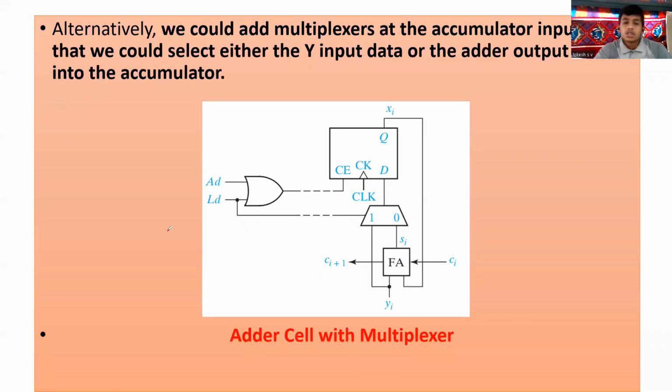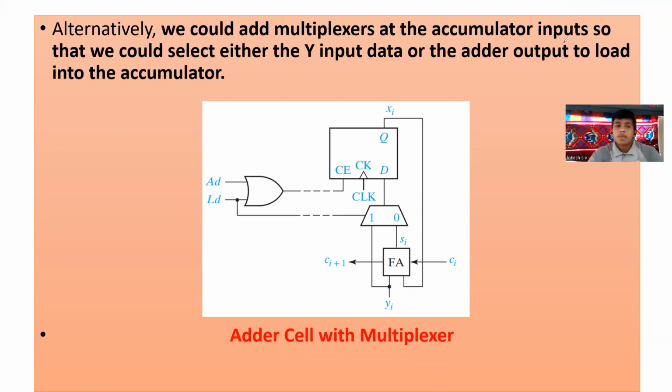We can store the number in another way. Alternately, we could add a multiplexer at the accumulator input so that we could select either the Y input or the sum output to be loaded into the accumulator.